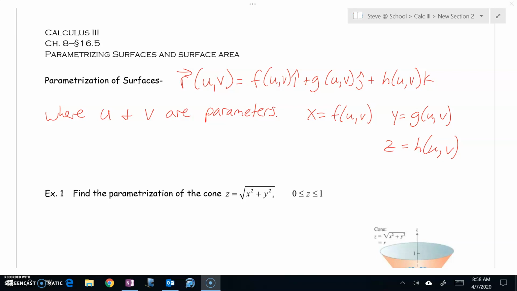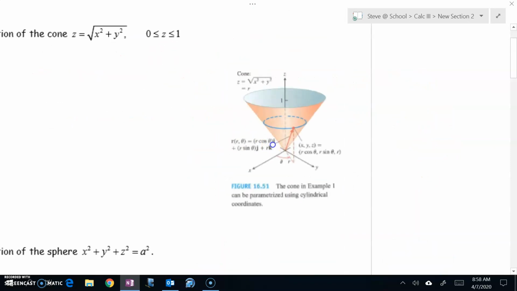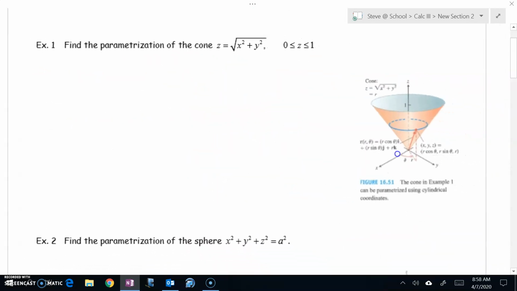Okay? So let's look at a couple of examples of this. First example is this cone. Alright, here we go. So if you look at this cone, right now we have z, x squared, and y squared, and you're trying to figure out ways to make this into something else.